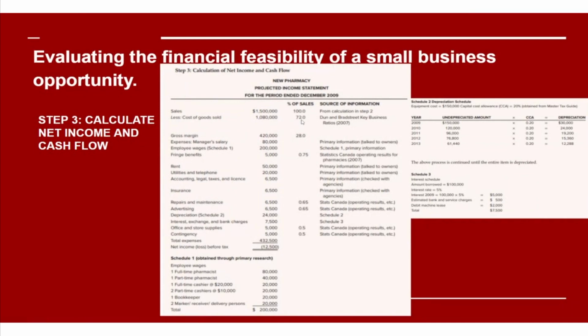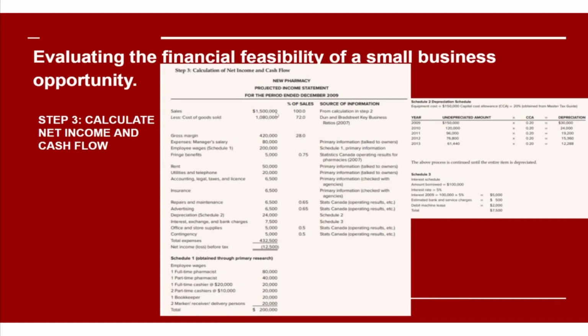Generally, we have found that cost of goods sold is 70% or 72% of our sales. So 72% of 1.5 million is 1.08 million. Our gross margin, or how much money we made on our total items, was $420,000.